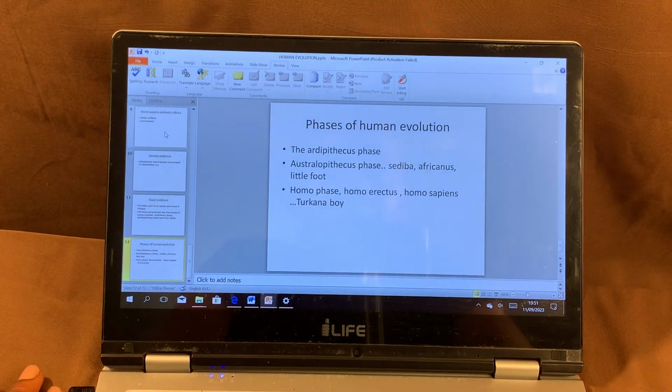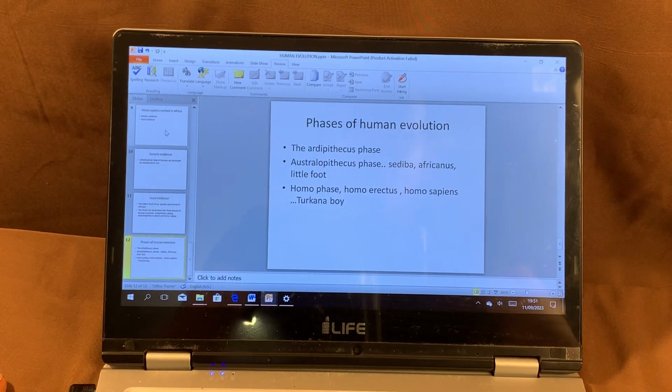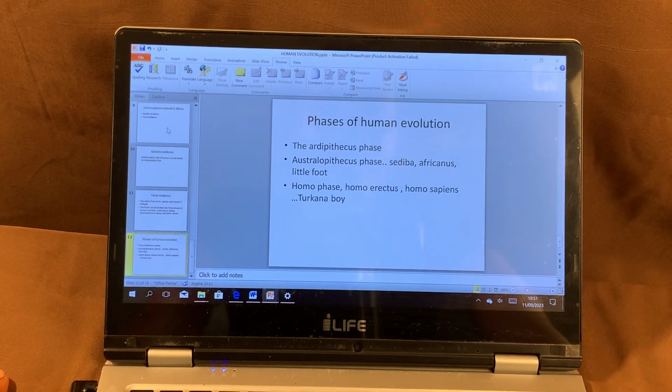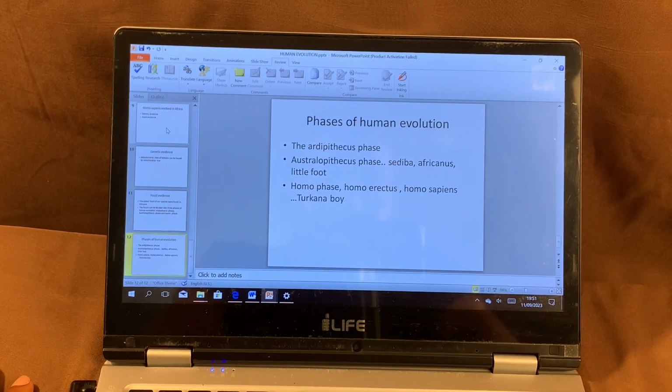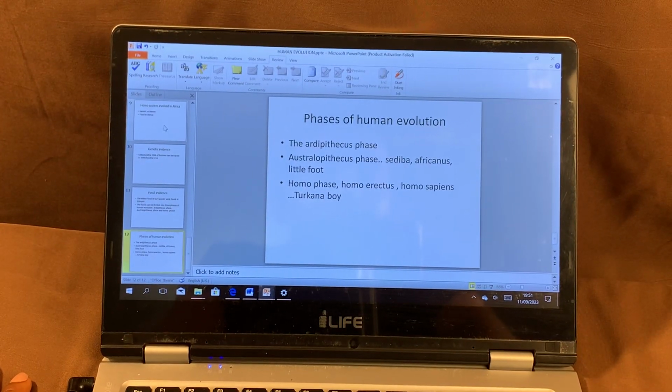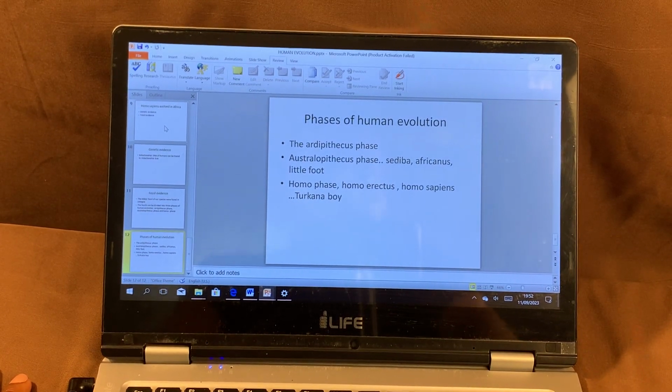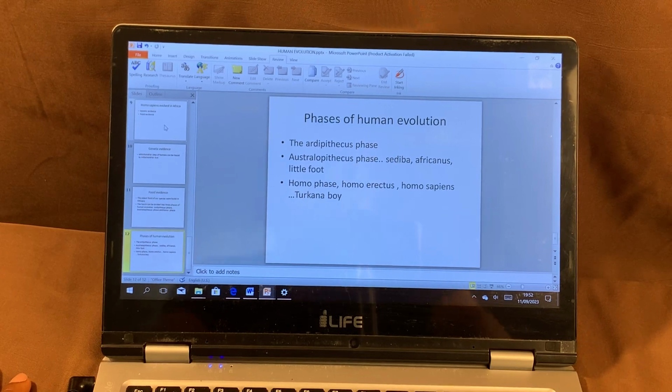The first phase of human evolution is the Australopithecus phase, whereby we found Sediba, Africanus, and Little Foot. Those are the fossils, and they were named according to the places where they were found and their characteristics.